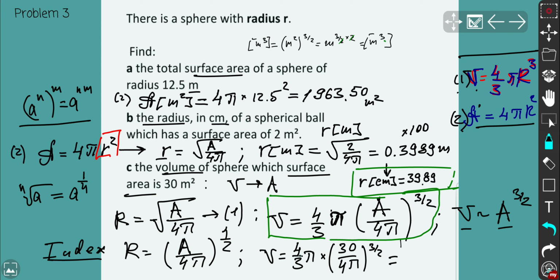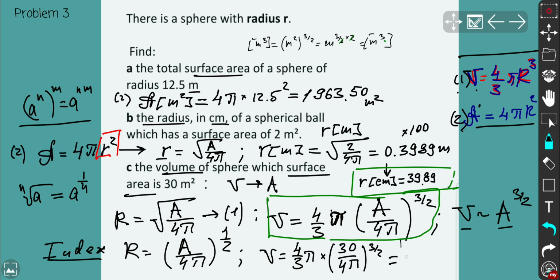So 4 pi times brackets, so 30 over 4 pi, okay, then to the power 1.5, that's 3 over 2, but you can write the power as a fraction, and then everything you divide by 3. Okay, so everything you need to divide by 3. I hope I did it correctly.